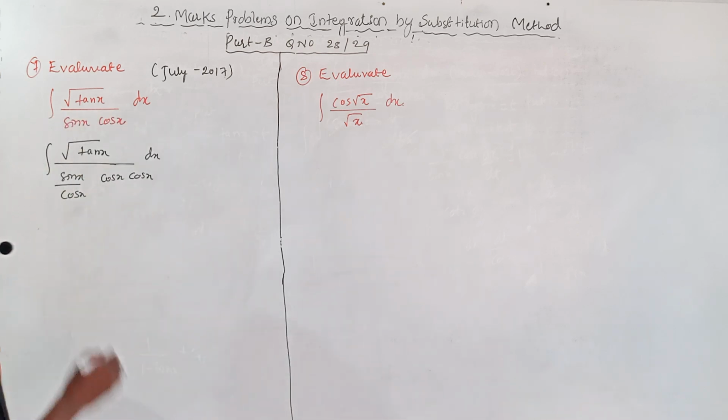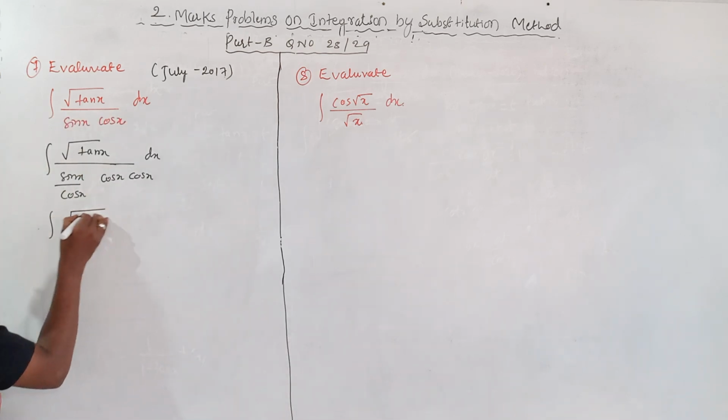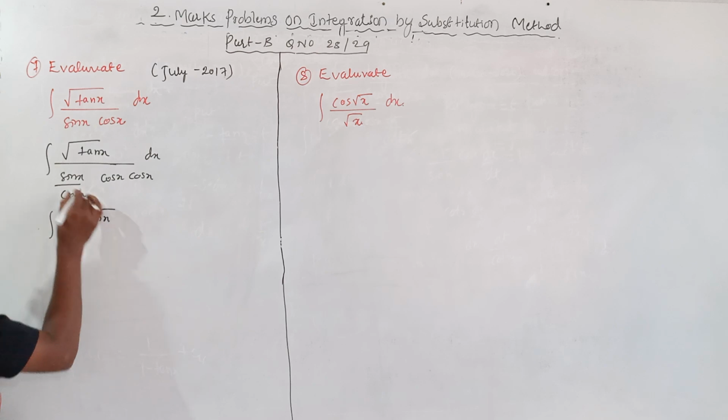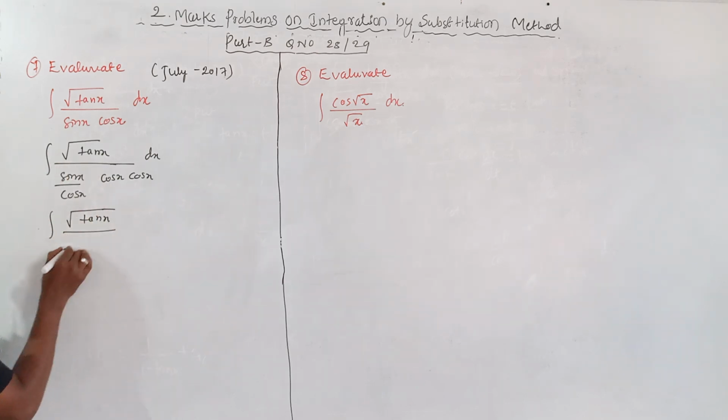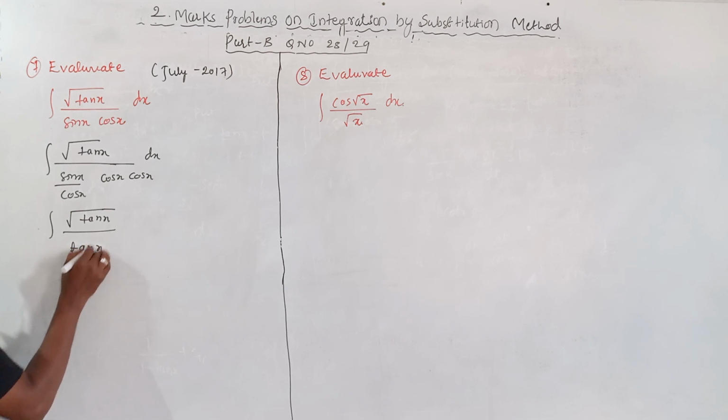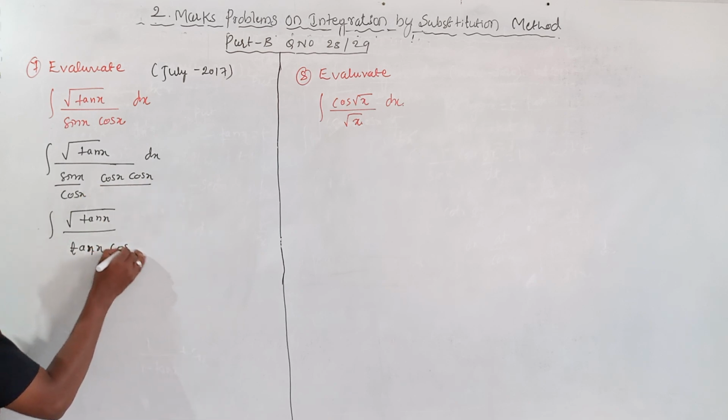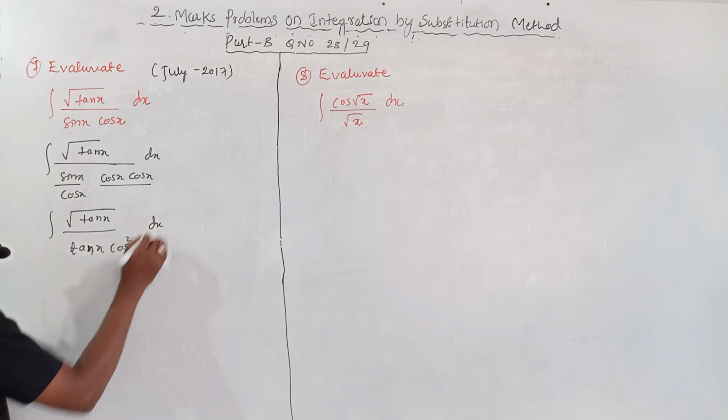Next step, root tan x. Sin by cos is what? Tan x. Cos into cos, cos square x dx.